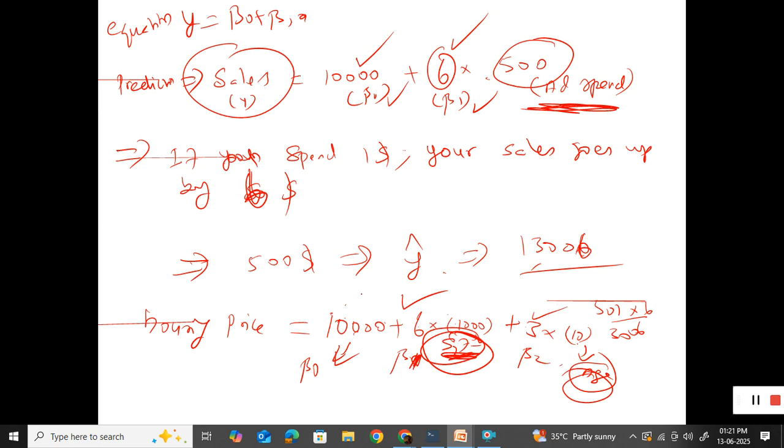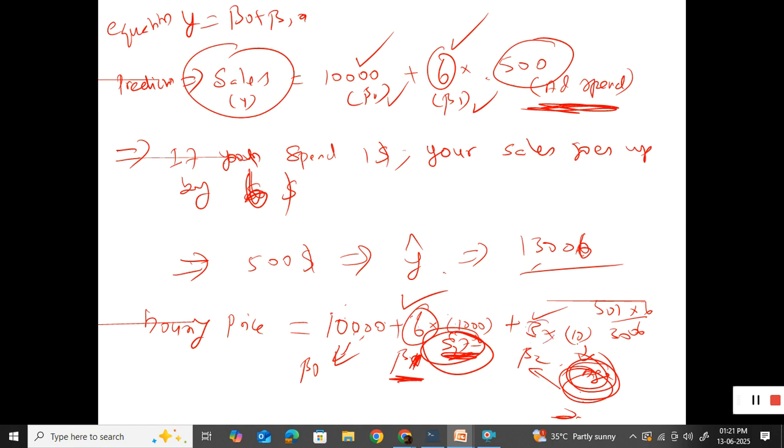So once this value is computed, the beta 1 is 6. My machine learning model, the linear regression model, estimated the value for beta 1 as 6, and for beta 2, for the age of the house, my model estimated the coefficient, which is nothing but the slope, as 3.